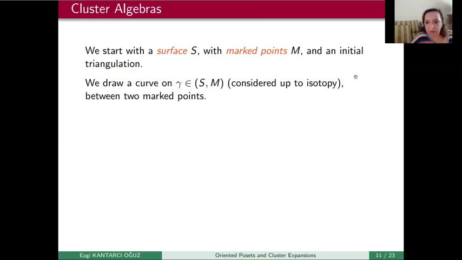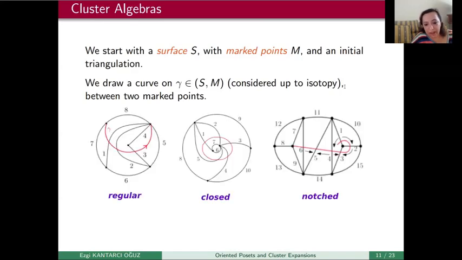We consider them up to isotopy, which you can think of as doing minimal crossings. For the purpose of this talk, we'll have three flavors of curves. Regular curves just start from one marked point and end at another. Then we can have closed curves, which have the same starting and ending point. And then we can have notches, which means that we have a marked point inside and we are wrapping around that point.